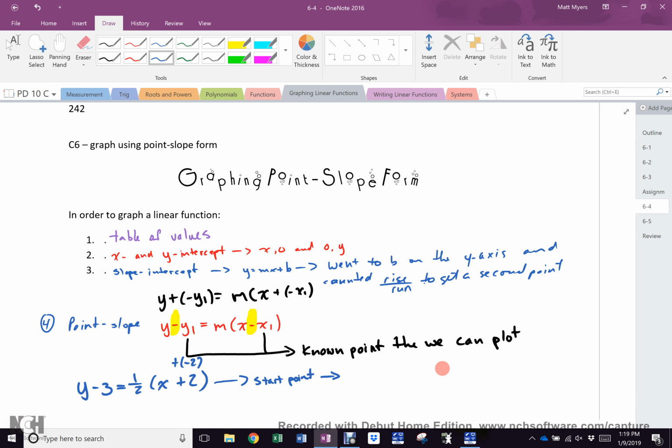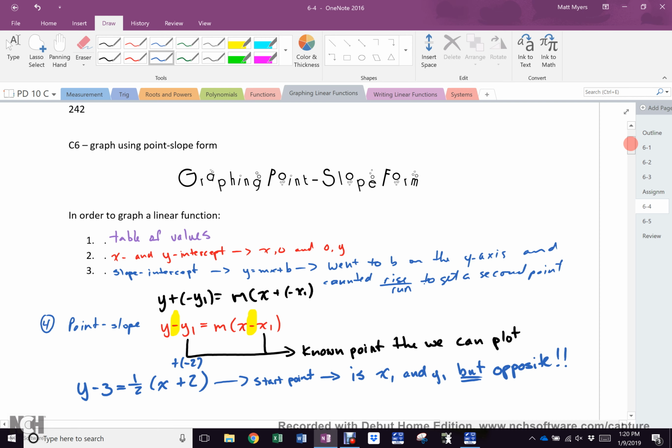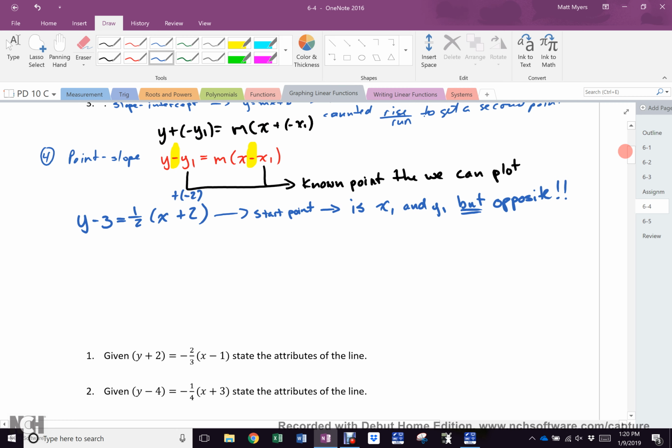And our shortcut is simply this. The starting point is x1 and y1, but opposite. Everybody cool?